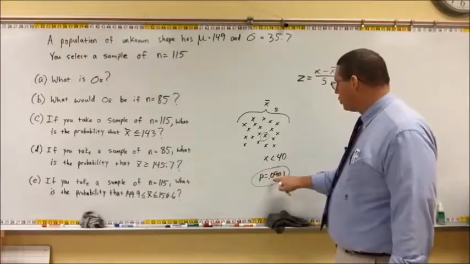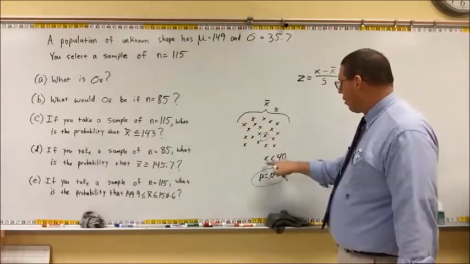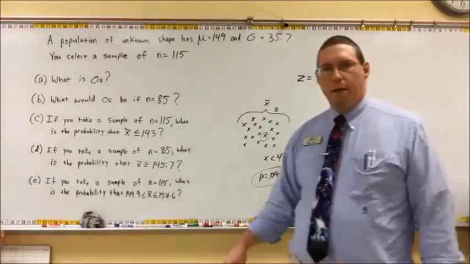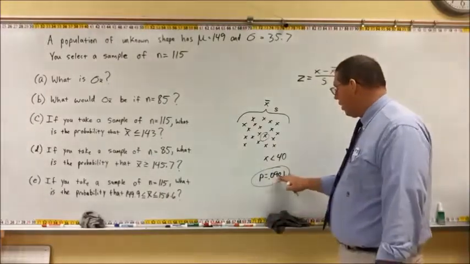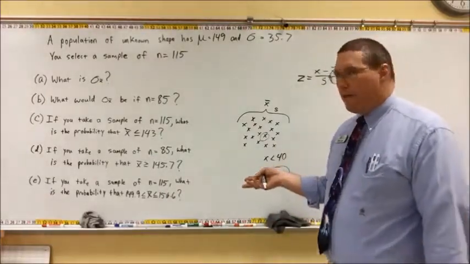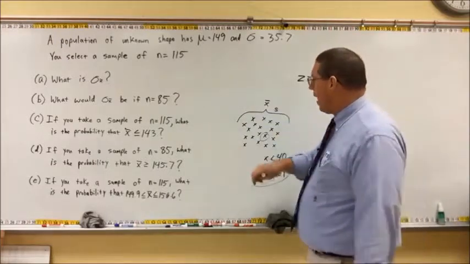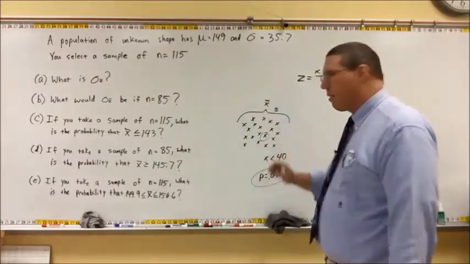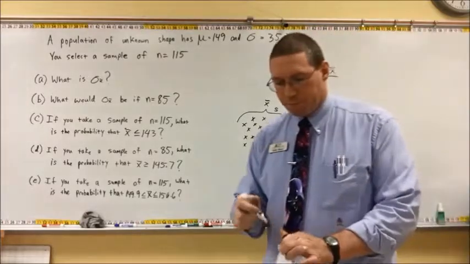That's the proportion of all the x's that are less than 40. So there's a 0.0901 chance that you would arbitrarily grab any one observation and it would be less than 40.